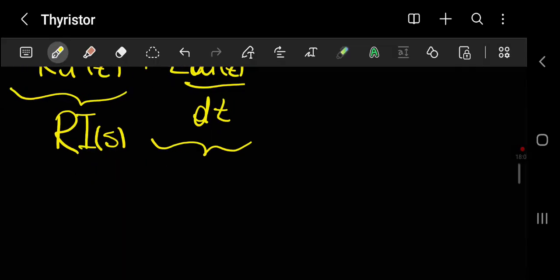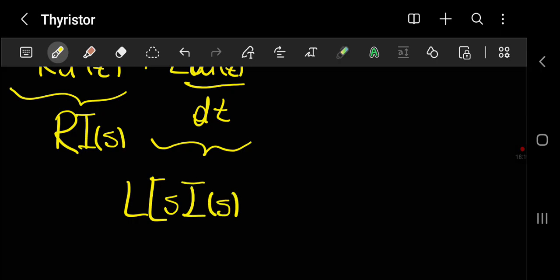Why? The Laplace transformation is the way that I'm going to write, but this part I'm not going to go deeply into.